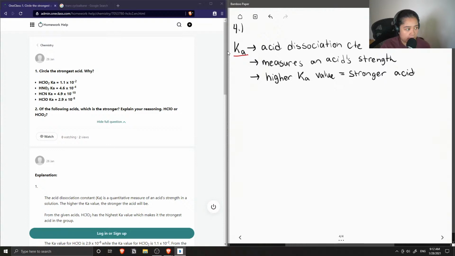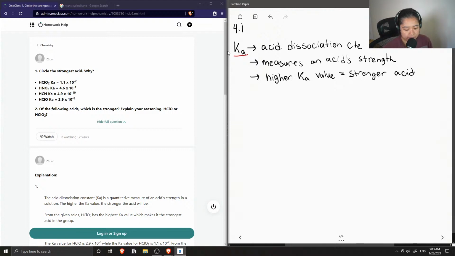So if we look at our different Ka values, the chlorous acid, HClO2, is 1.1 times 10 to the negative 2. HNO2 is 4.6 times 10 to the negative 4. The hydrogen cyanide, 4.9 times 10 to the negative 10.